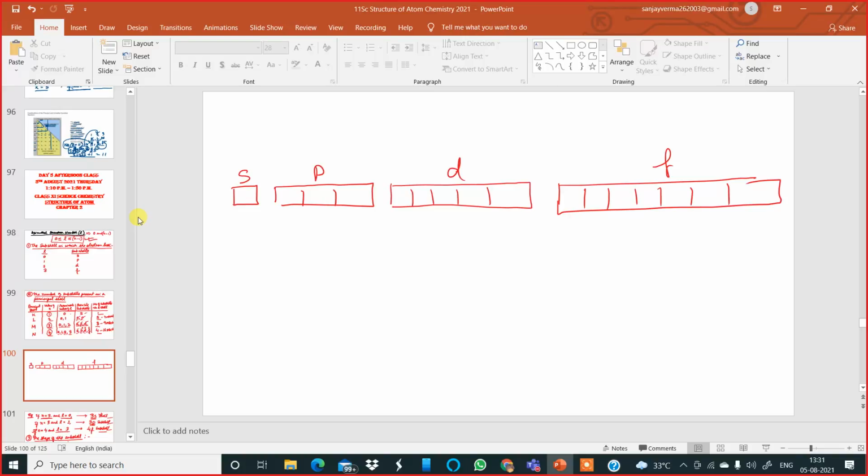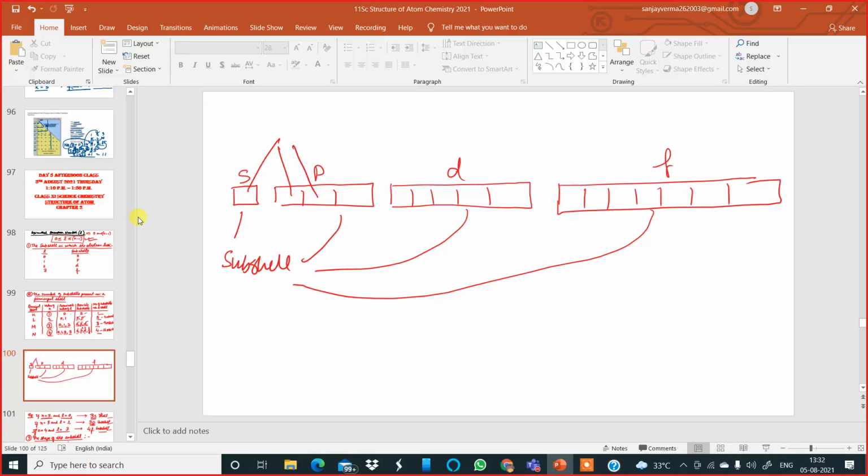So s is a subshell, p is a subshell, d is a subshell, f is also a subshell. Within the subshells we have orbitals. All of these are orbitals.